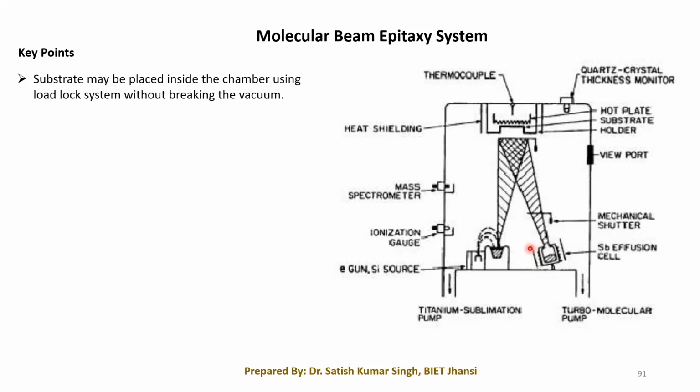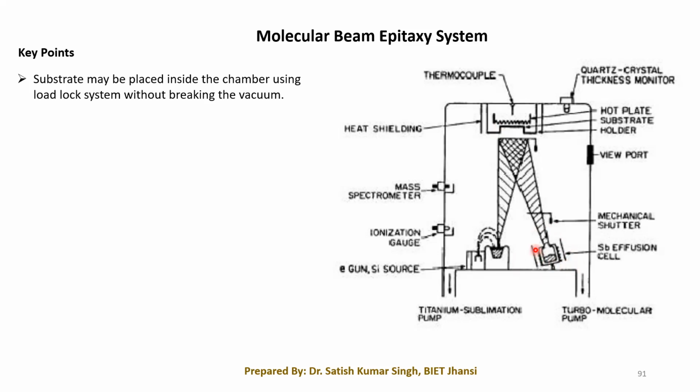Within this effusion cell, a particular dopant material will be kept. When we want to grow a particular monocrystalline layer onto this substrate, and we want a particular doping profile of a particular dopant, then we also need to evaporate the dopant.